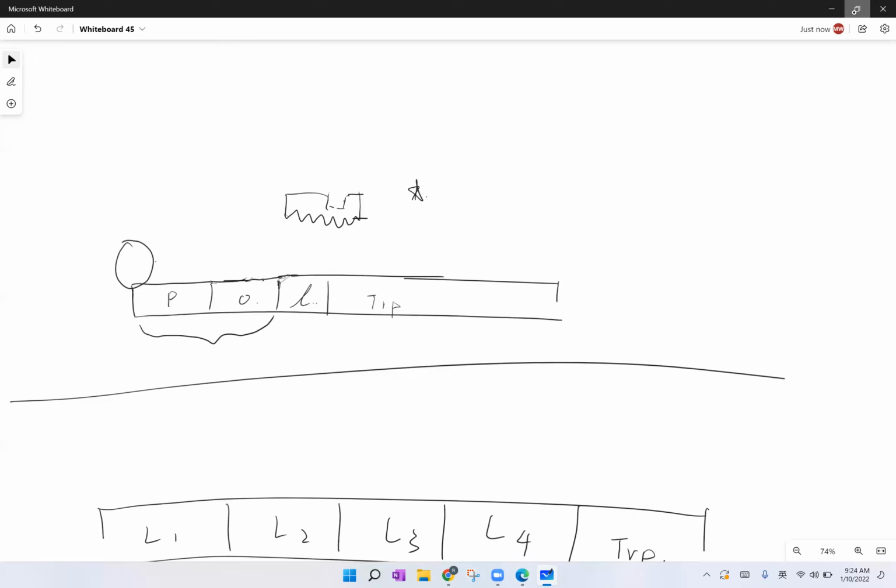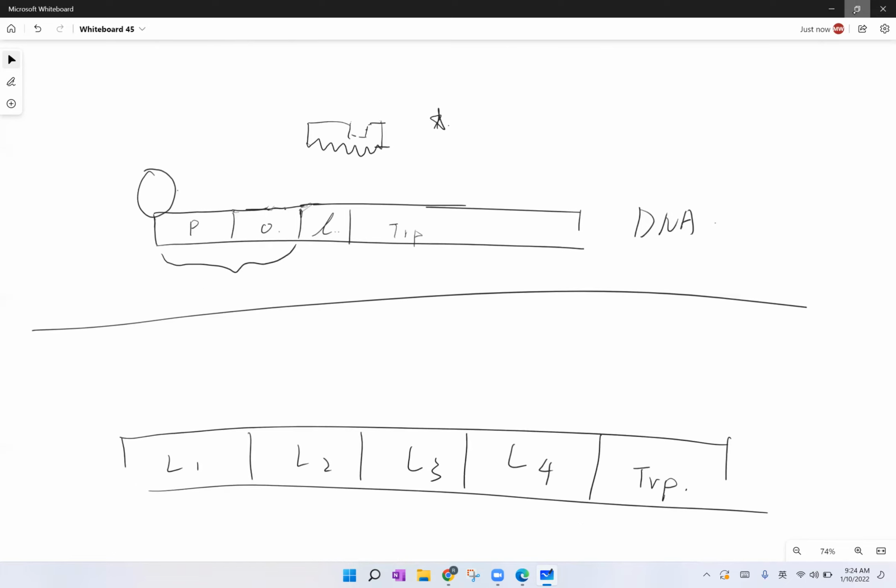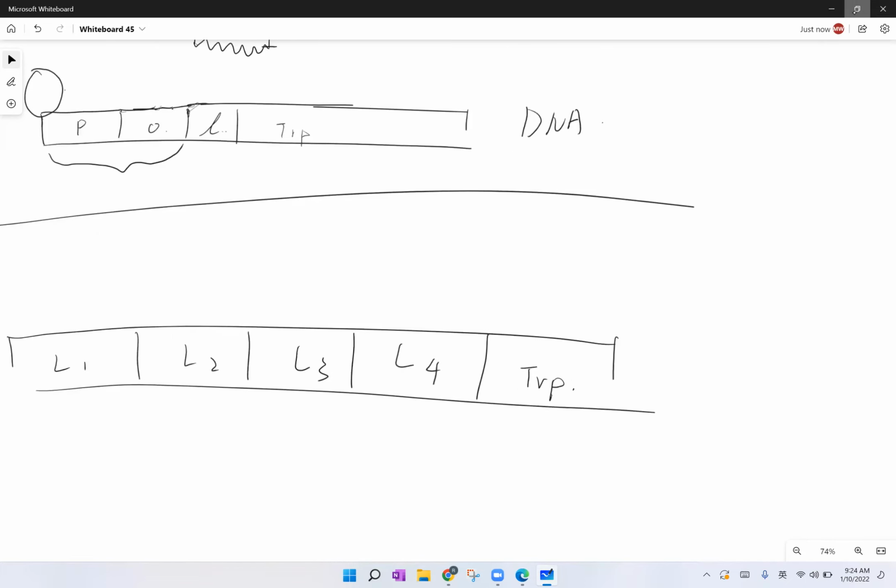What do we have here? What's this? It's a DNA, right? What are we going to do about this? We're going to transcribe it, right? Once we transcribe it, it's going to be an mRNA, right? So what do we have on our mRNA? We have codons, right? mRNA is just a bunch of codons connected together.